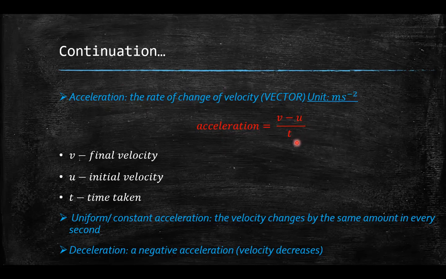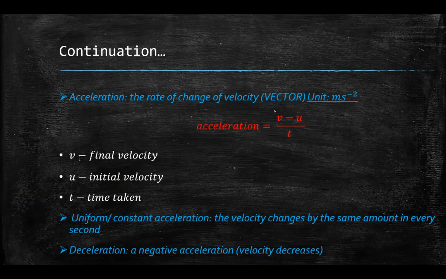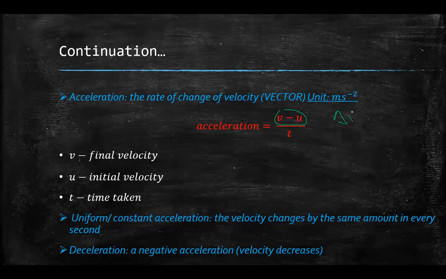If my velocity is changing, so I have a change in velocity, varying velocity, that means that I have an acceleration, because this is the change in velocity. You might see delta V, something like that. And because I have a change in velocity, and of course I have my time, then I have an acceleration.